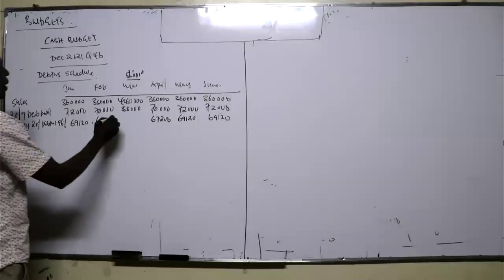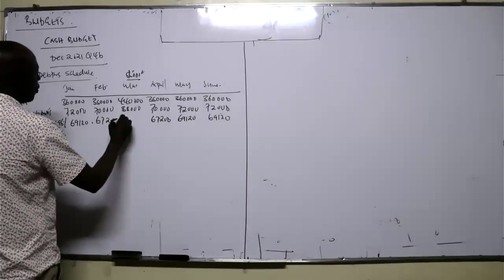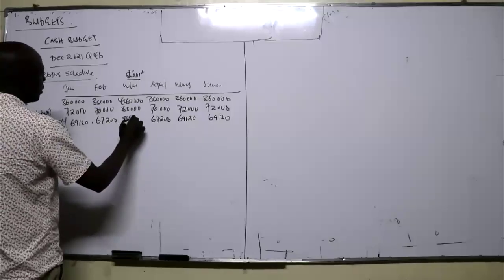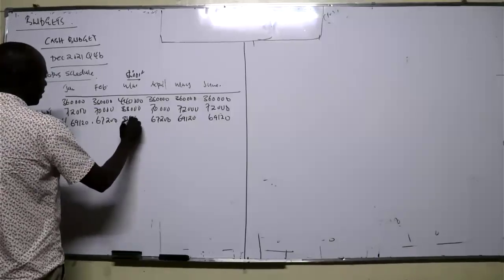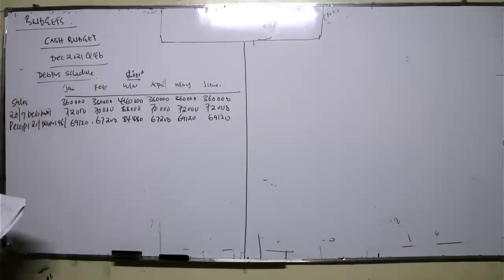This other one is 67,200. And then 84,480. So now we have dealt with the 20%, isn't it?